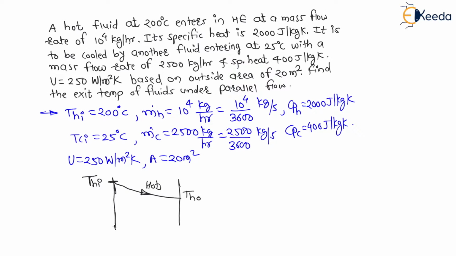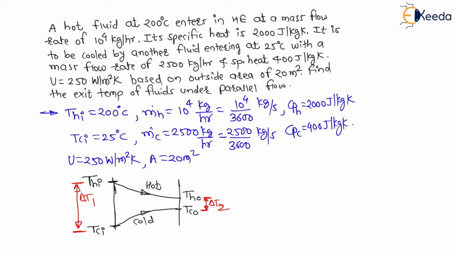Now the direction of cold fluid will be also same, that is inlet of cold fluid will be on left side, and during flow from left to right the cold fluid temperature will increase. This is the cold fluid, and exit temperature of cold fluid will be Tco, right. And my dear students, here this Thi minus Tci is called delta T1. This side left side temperature difference is delta T1 and right side temperature difference is delta T2, right.